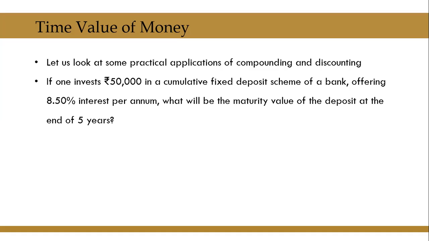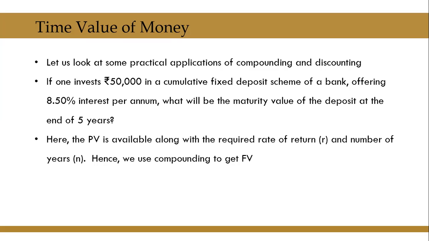So from the details available, we know that present value is 50,000 because that is the amount you are investing today. The required rate of return R is 8.5% and the number of years N is 5 years. We have to now use the concept of compounding to compute the maturity value of this deposit.